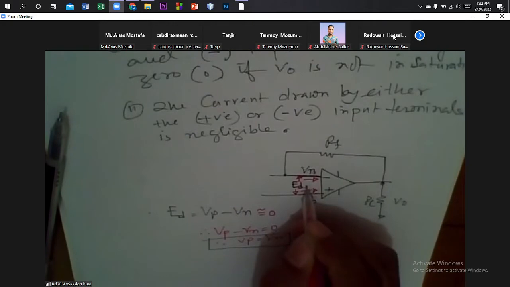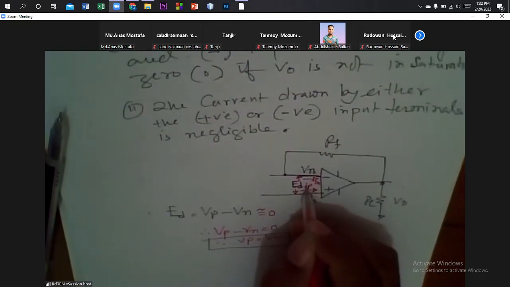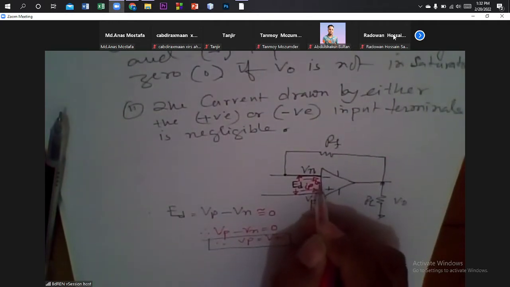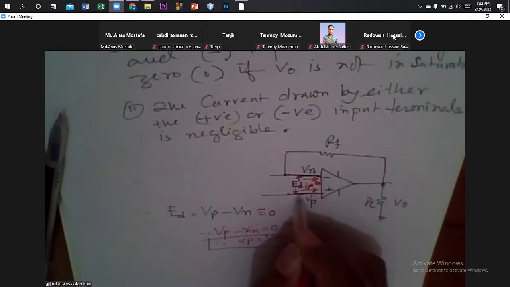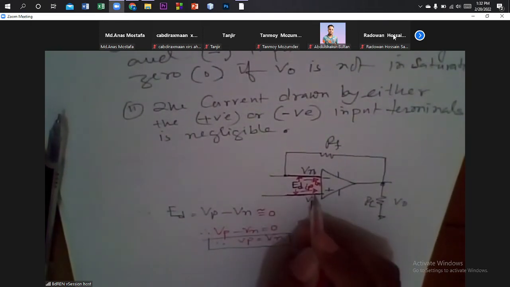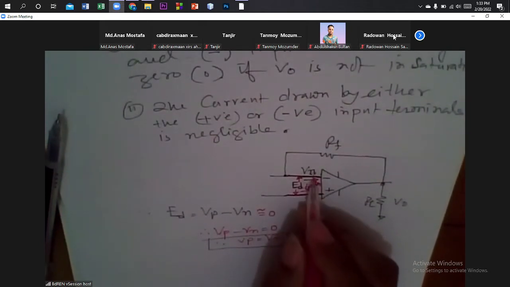This current is IP and this current is IN. This terminal current is IP and this negative terminal current is IN.